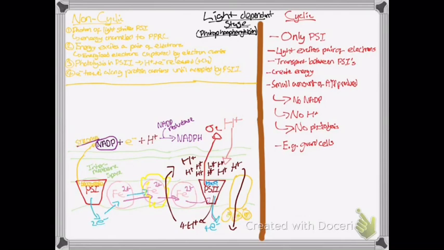Produced here. And now we've got an issue again. We've got hydrogen ions that have just been pumped through, accumulating here. Hydrogen ions pump through to produce ATP. They accumulate there, and that's when we've got this NADP.